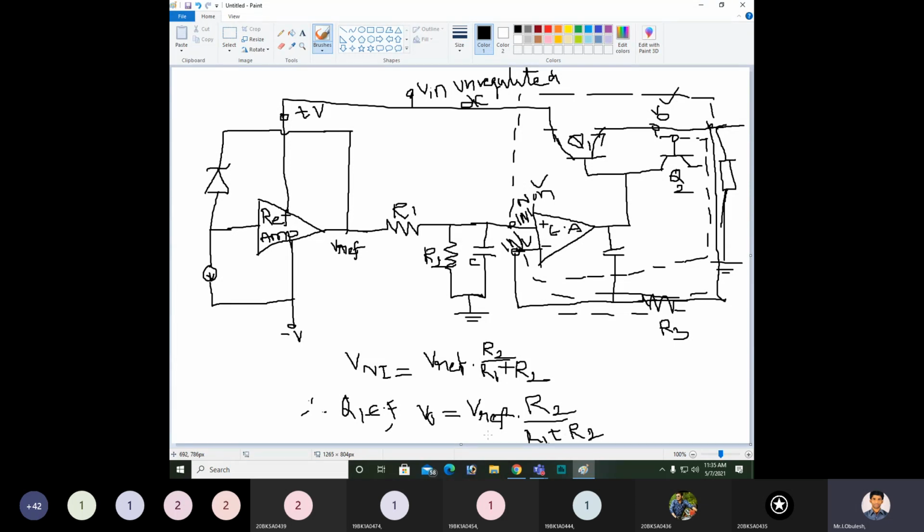You need to remember that if the output voltage becomes low, what will happen? The voltage at the inverting terminal of the error amplifier also goes down.